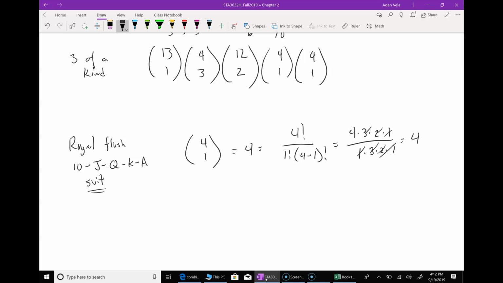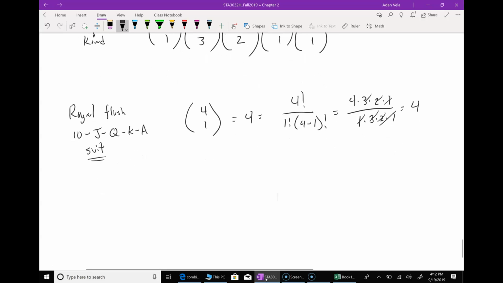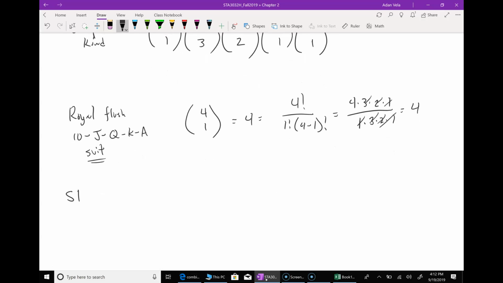It's because if we want to calculate a straight flush, that's basically a sequence of numbers in order, all the same suit. So that would be like 5, 6, 7, 8, 9, and they're all clubs.